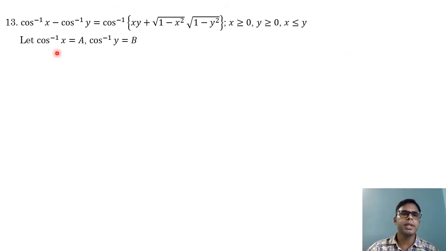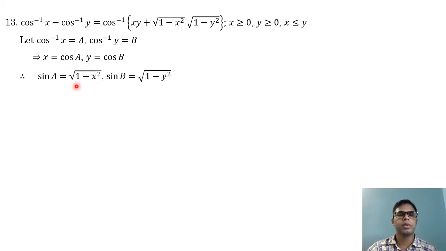So let cos inverse x be equal to a and cos inverse y be equal to b. Very simple, as done in the previous screen. So x will be equal to cos a and y will be equal to cos b, and therefore sin a and sin b can be obtained from here. So sin a is equal to root over 1 minus x square and sin b is equal to root over 1 minus y square.